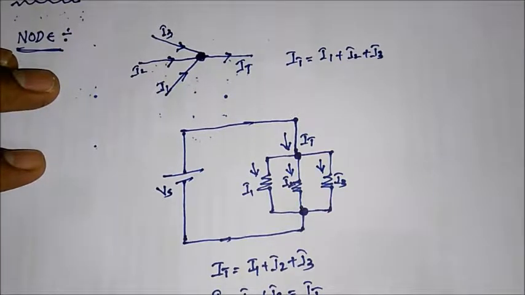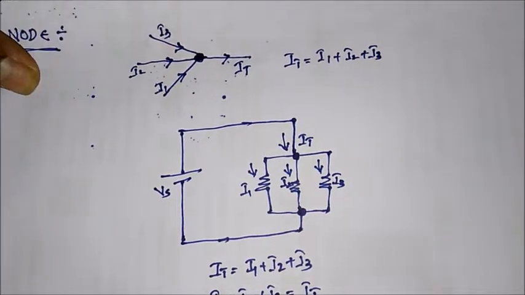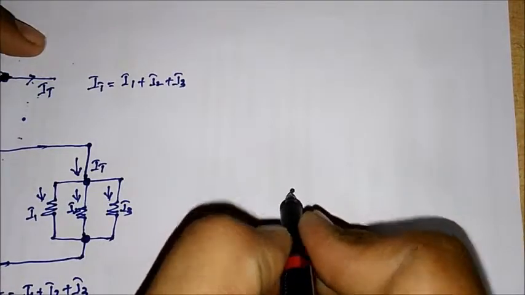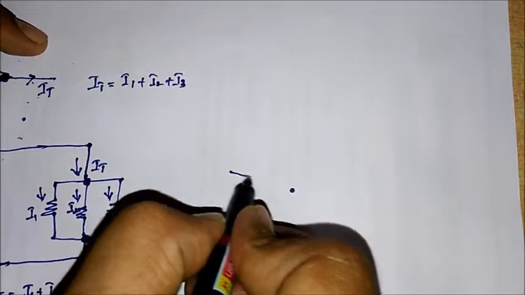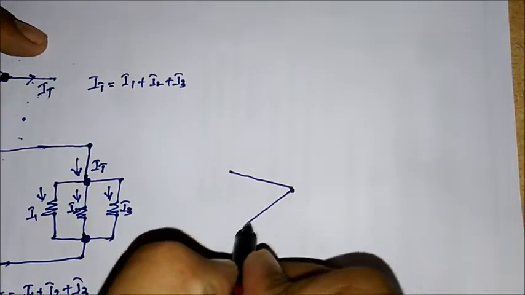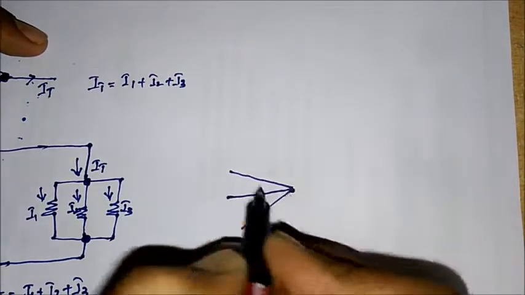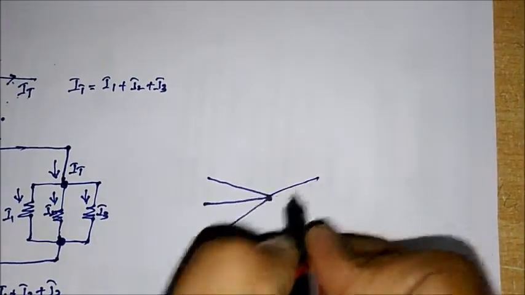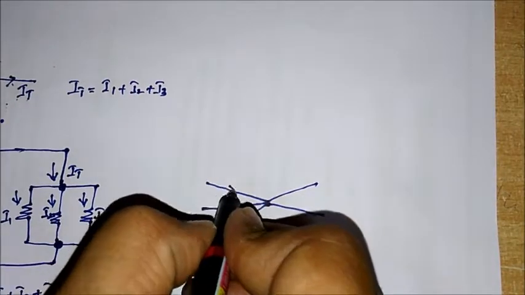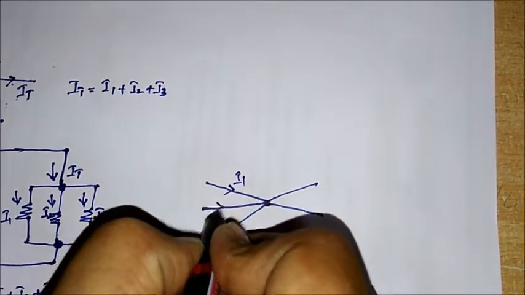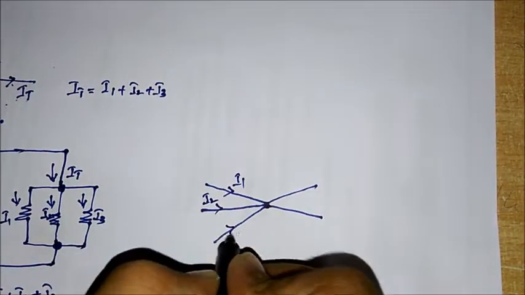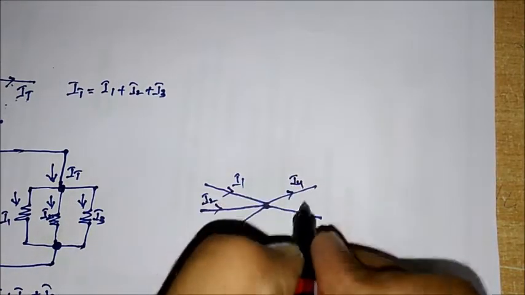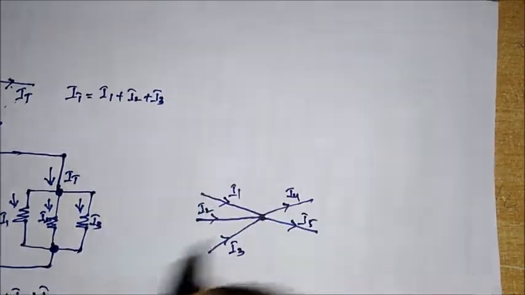The other way of representing the same law is, now I am taking one junction or node at which three branches are entering the node and two branches are leaving the node. I am giving the current notations as I1, I2 and I3, and let this be I4 and I5.